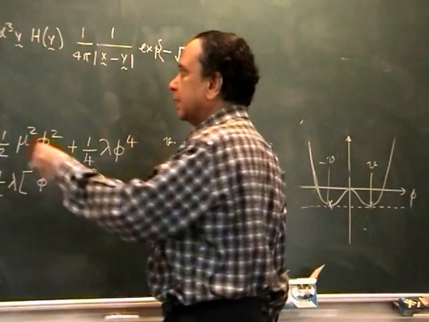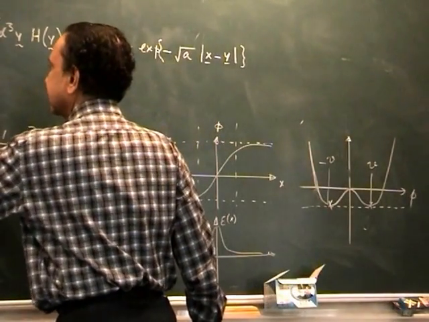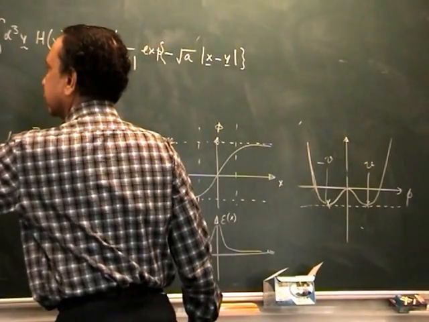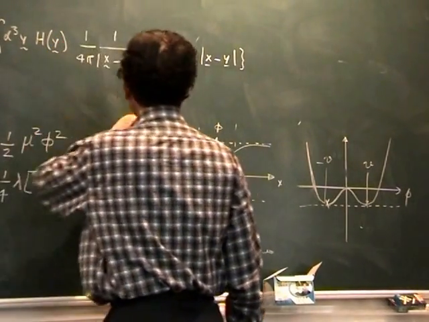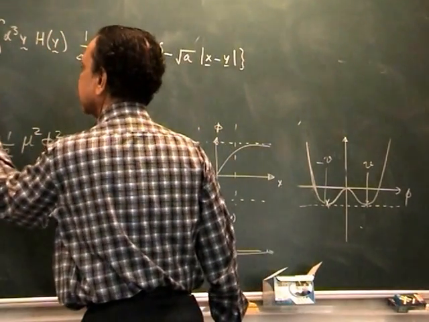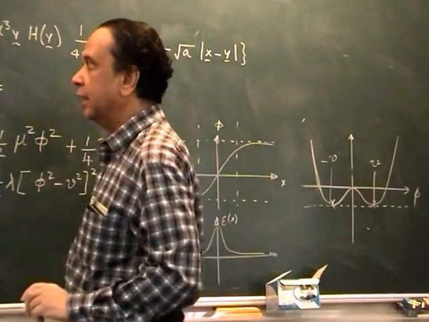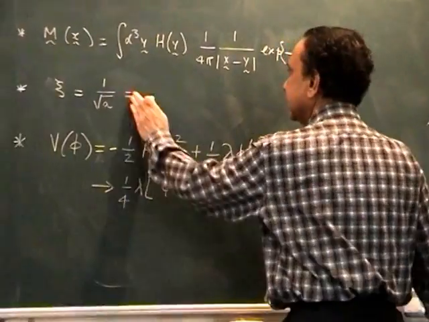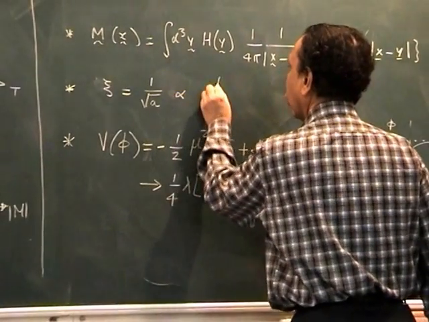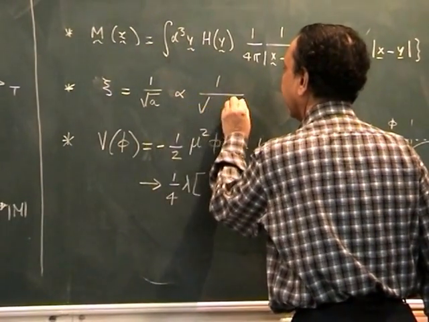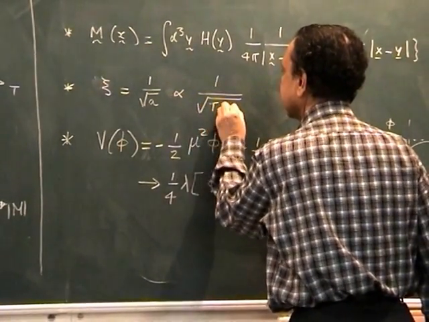The scale length L of the system, let me call it psi, which is what condensed matter people call it, is essentially 1 upon the square root of a. That, if you look at the form of a, is essentially proportional to 1 upon the square root of T minus Tc.